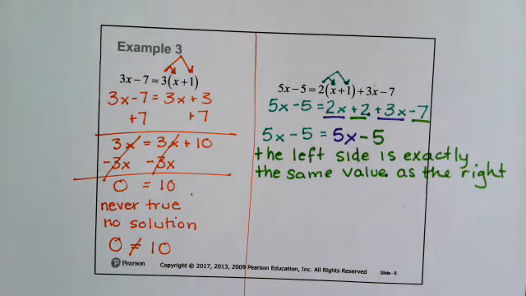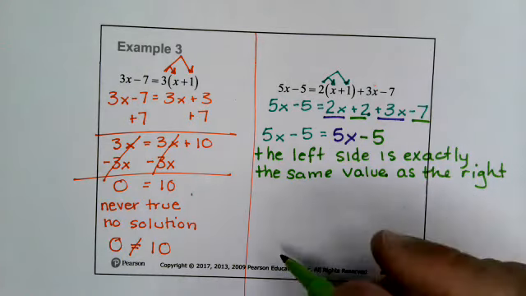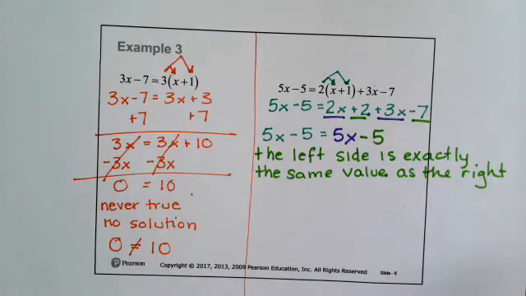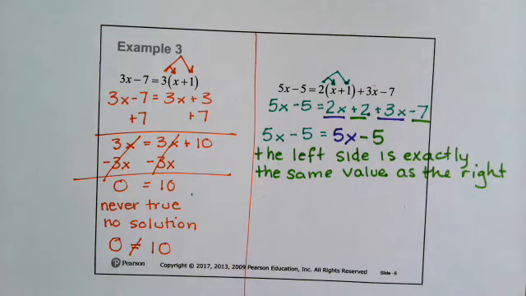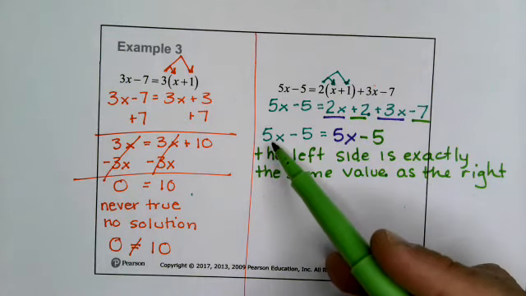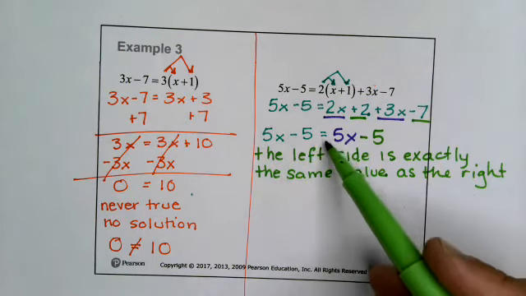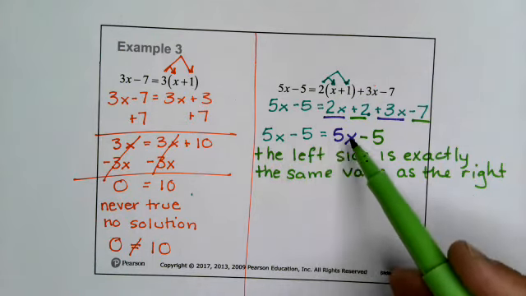So I could keep going, or I could just say, it looks like it will always be true, right? Whatever number I put here, the equation will stay true, right? 5 times 10 minus 5 is still equal 5 times 10 minus 5, no matter what number I choose.